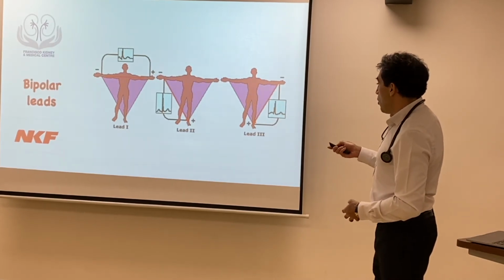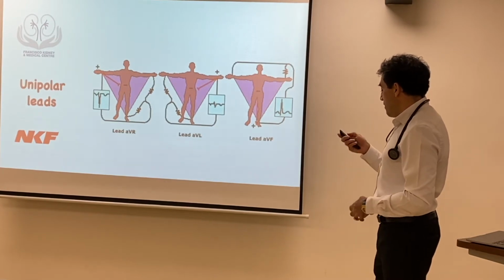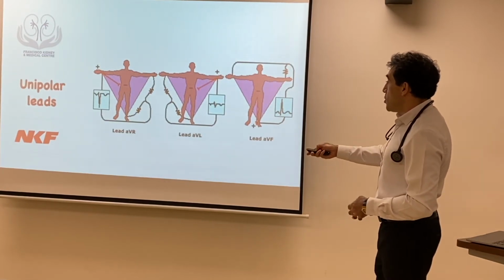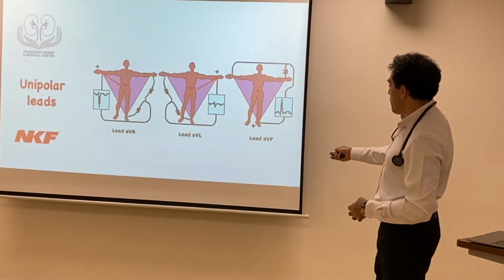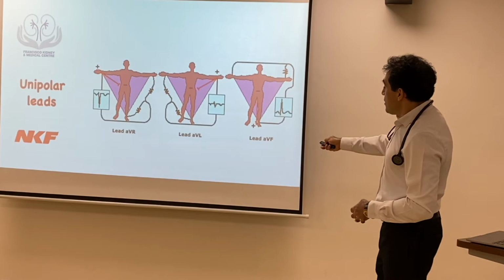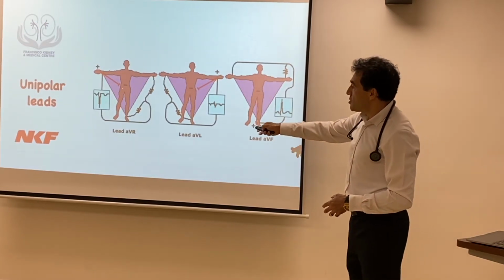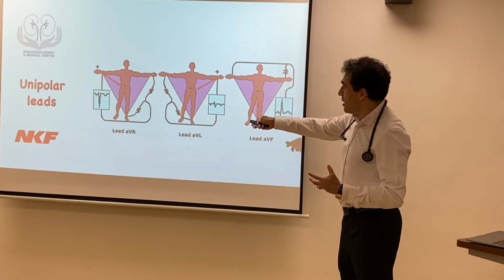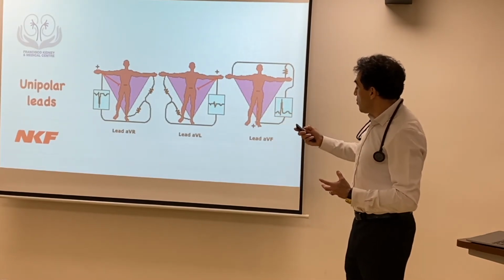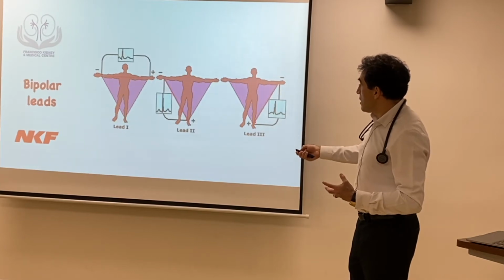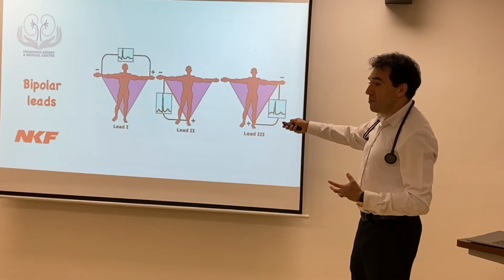And there are the other augmented leads. That's why the A is there, or unipolar leads: R for the right arm, L for the left arm, and F for the foot. But it's the same electrode, now detecting the activity from the neutral position. You can say, more or less, from the heart going towards that lead. Before, remember, the other lead was from the left arm to the right.